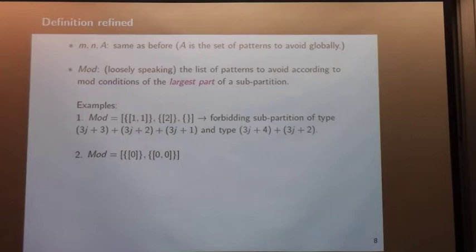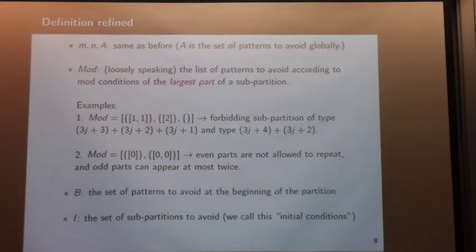So that means if the largest part is even, which is 2j, we are forbidding 2j plus 2j. If the largest part is odd, we are forbidding 2j plus 1, plus 2j plus 1, plus 2j plus 1. So even parts are not allowed to repeat, and odd parts can appear at most twice. That's what this notation means.